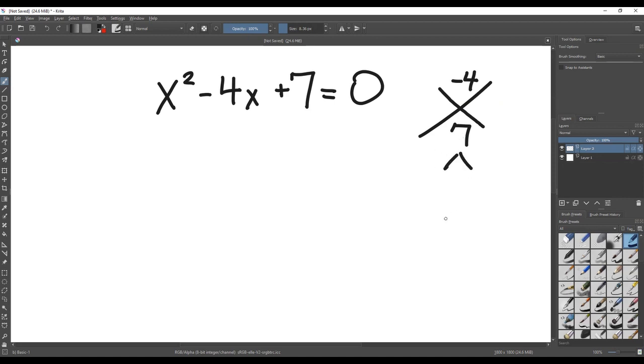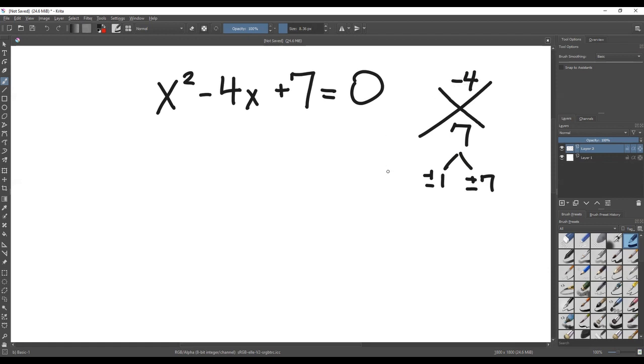What are the products of 7? There's plus or minus 1, plus or minus 7. These are the two factors of 7. Neither of these combinations will have a sum of -4.